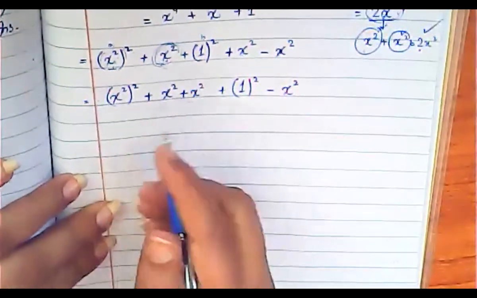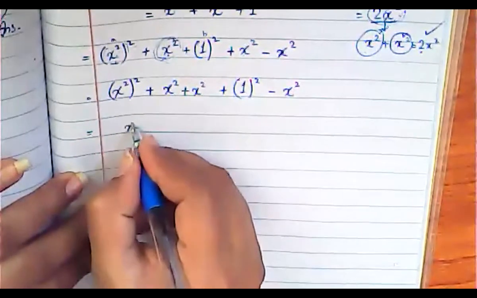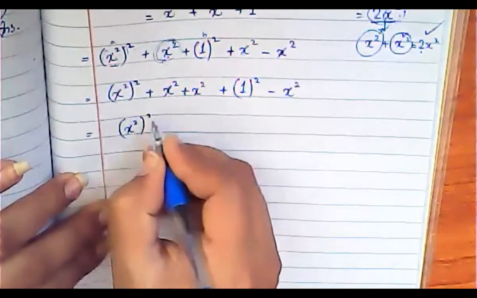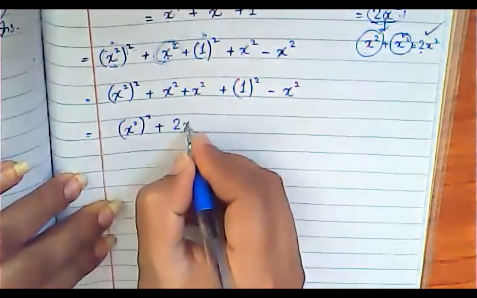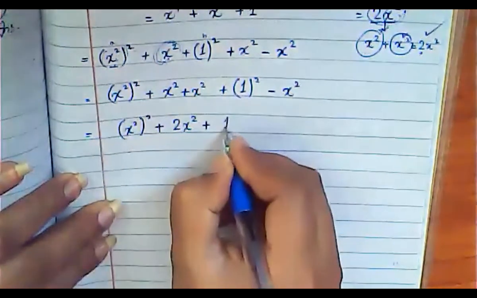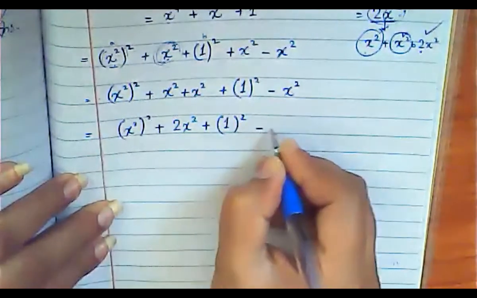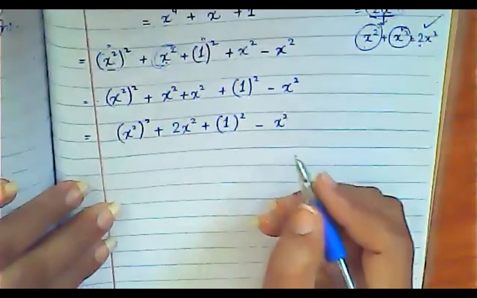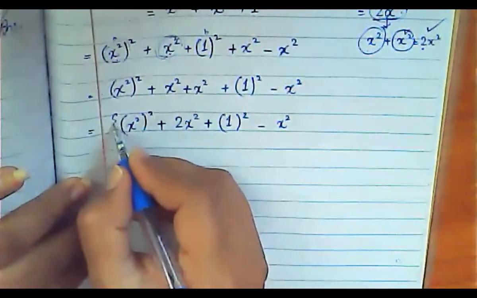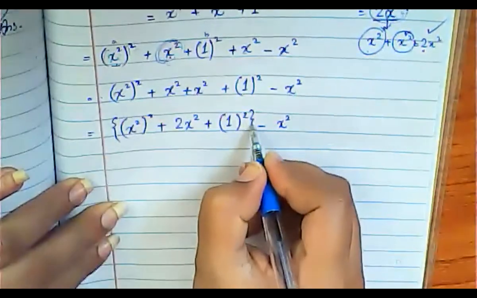Then I'm going to add it. So it will become x square whole square plus 1 plus 1, it will become 2x square plus 1 whole square minus x square.